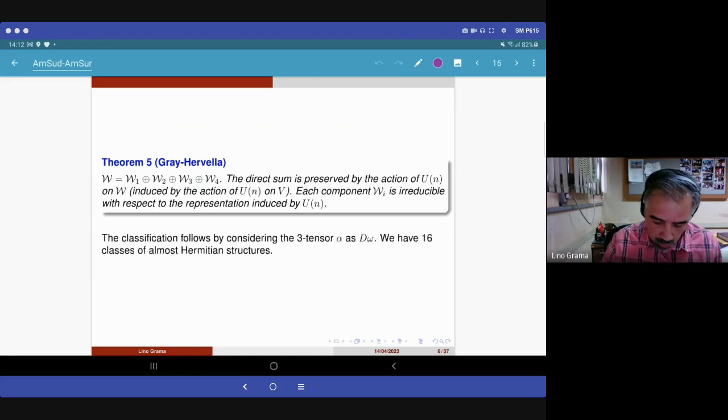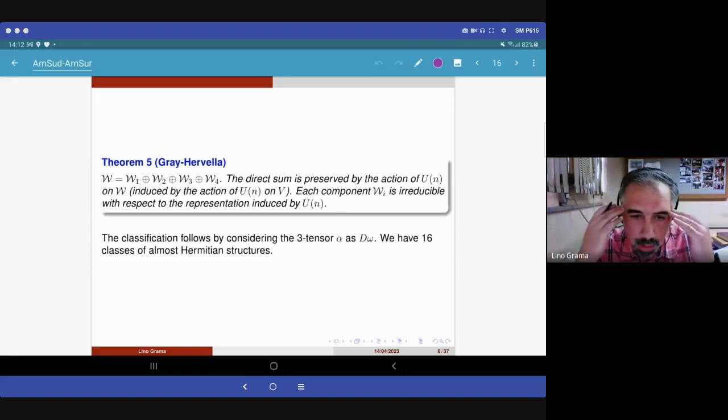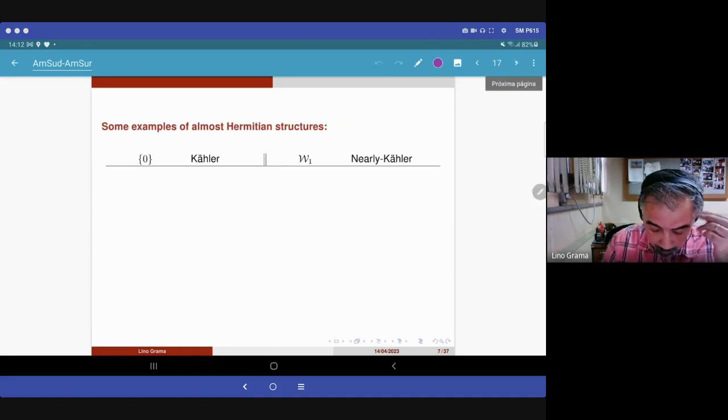And now, for the classification of almost Hermitian structures, we take this machinery and take alpha as the covariant derivative of the fundamental two-form. And we have, for instance, some examples of almost Hermitian structures.